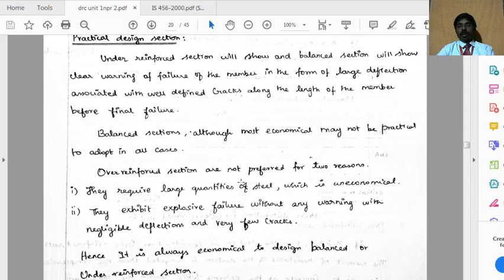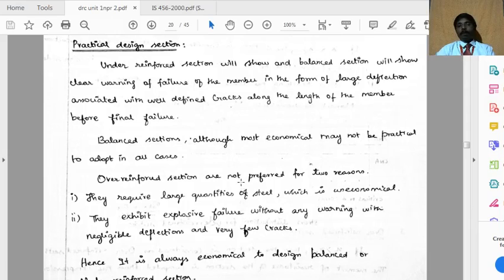So we can conclude that the balanced section is found to be more economical when compared to the under-reinforced section and over-reinforced section. In most cases, we design the section as an under-reinforced section so that failure will be minimal. It shows clear warning of failure before the catastrophic failure.